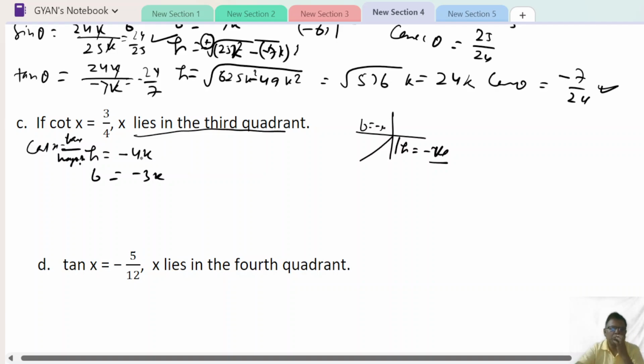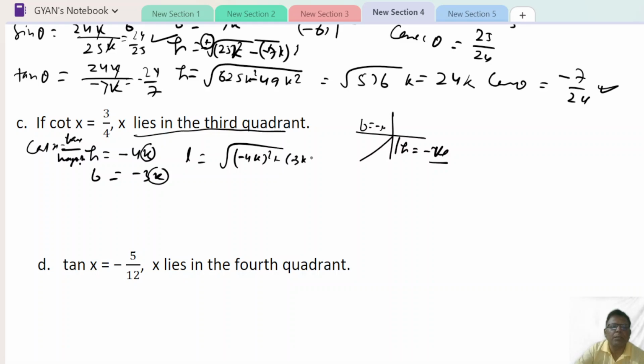So it's a ratio, and k is the proportionality constant. So we find hypotenuse: root over minus 4k the whole square plus minus 3k the whole square, that is equal to 5k.